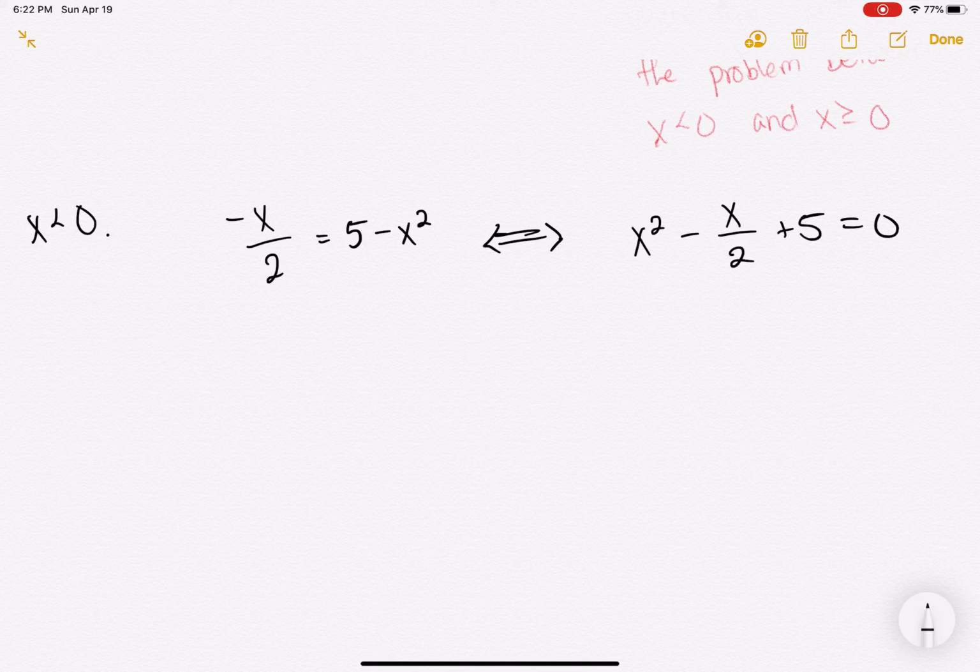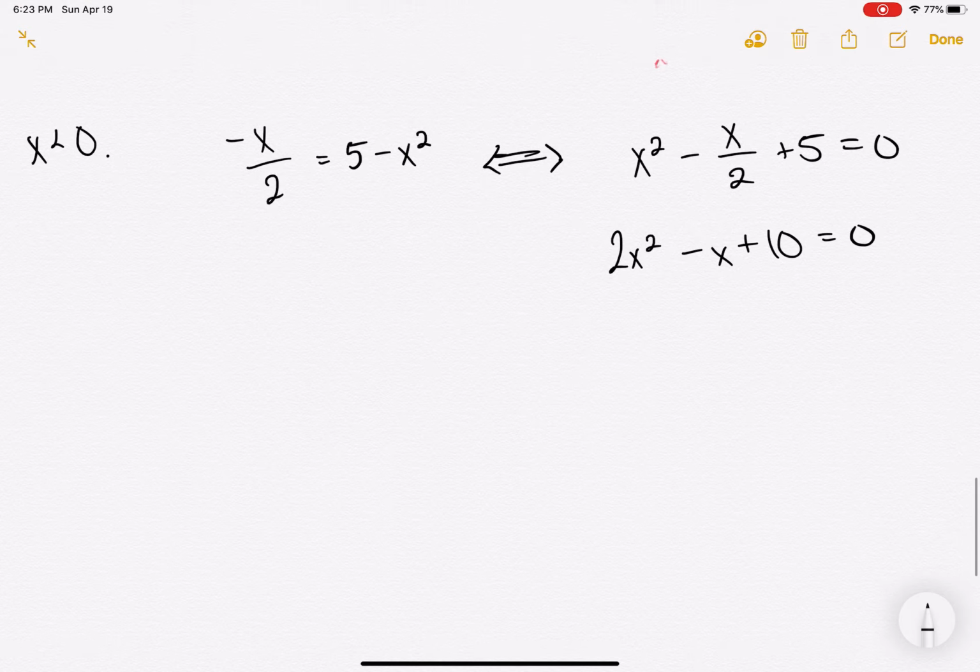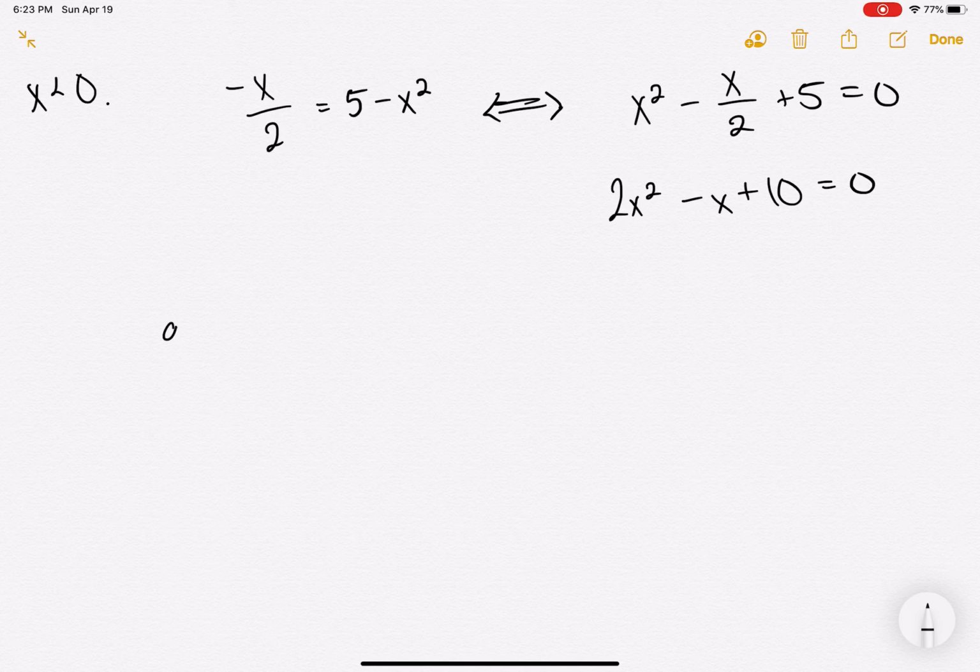I'll multiply everything by 2. 2x squared minus x plus 10 equals 0. Once again, I'm going to use the quadratic equation. It's honestly faster a lot of the times than trying to factor something. So negative b is 1 plus or minus the square root of b squared, 1 minus 4ac. 4 times 10 times 2 is 80.